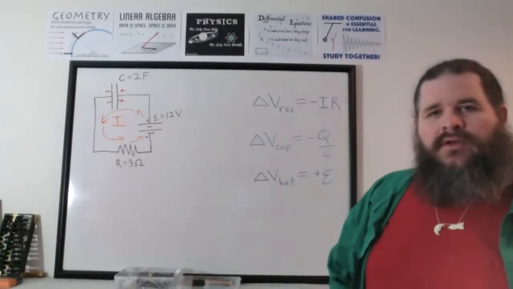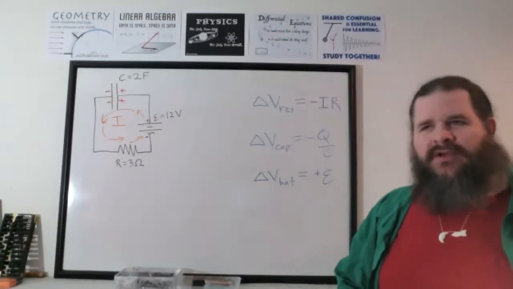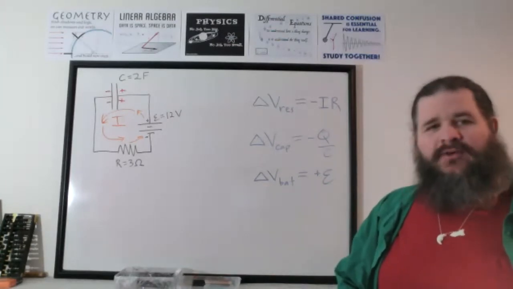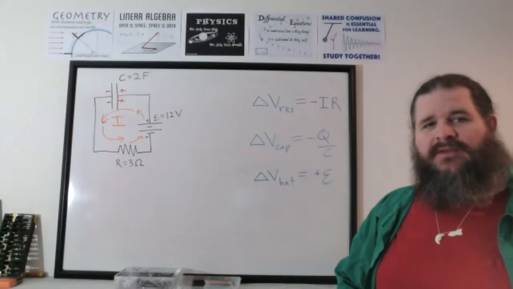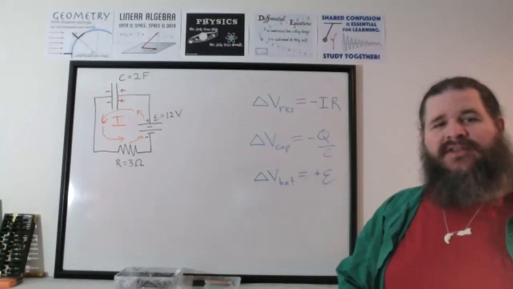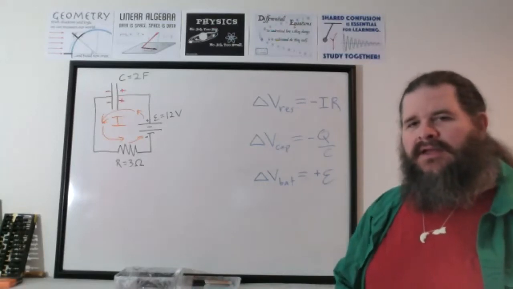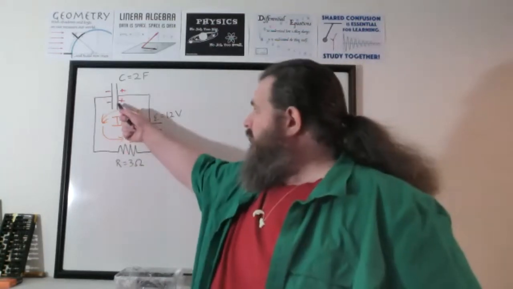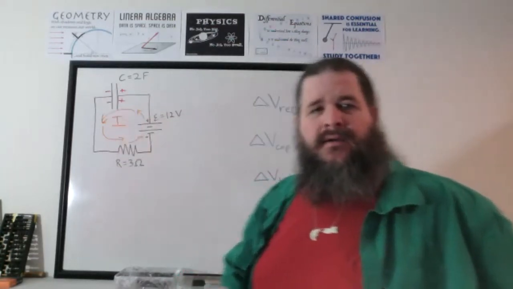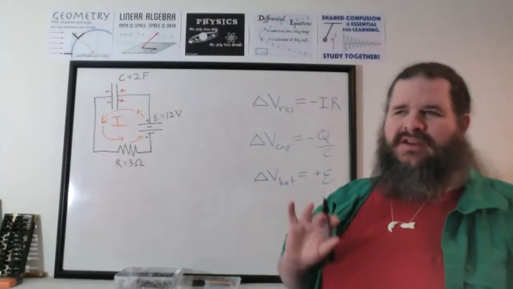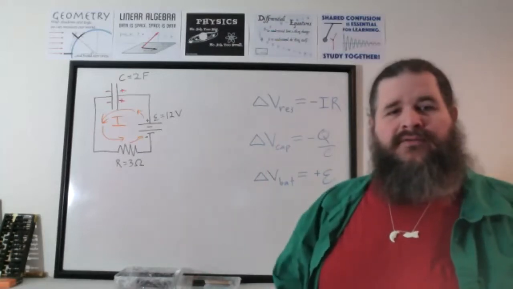So sometimes people talk about a charging capacitor as acting like a resistor. Sometimes people talk about a discharging capacitor as acting like a battery. I think what they mean by that is the capacitor is pushing back against the battery, versus a discharging capacitor is pushing, you might say, forward to make current flow.